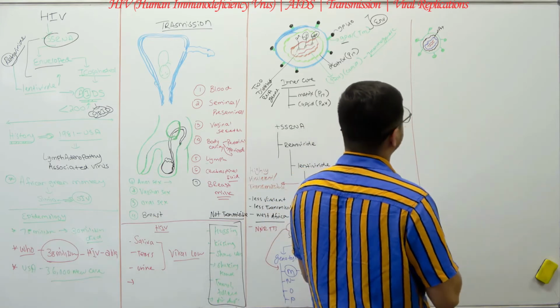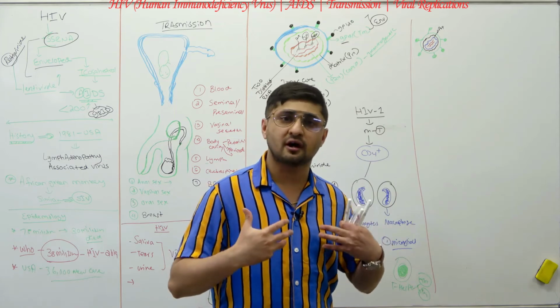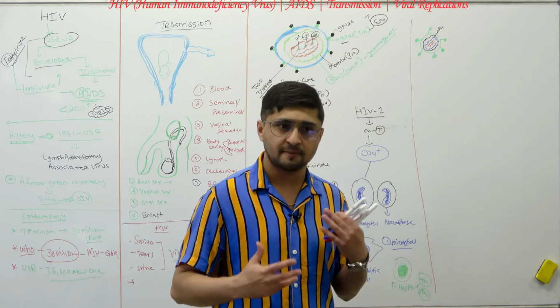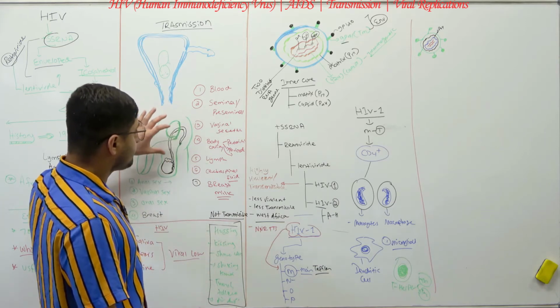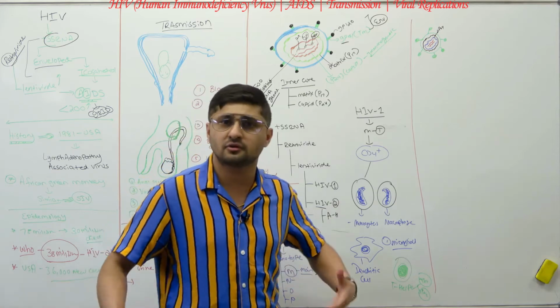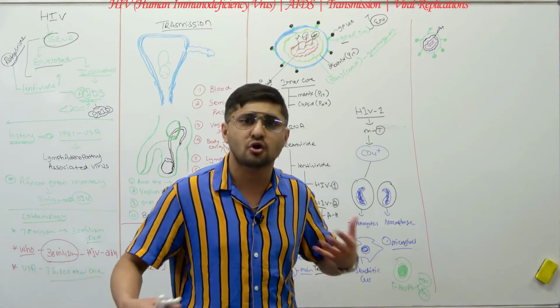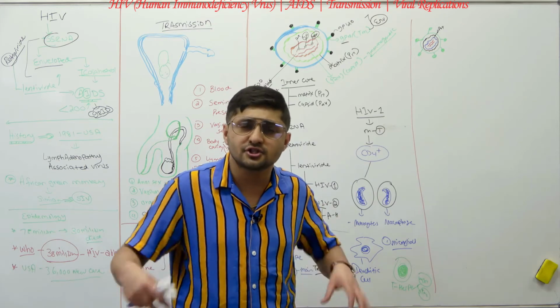Let's say we got infected by HIV, for example through anal sex. That means it's going to infect through the mucosa down there, and the mucosa associated lymphoid tissues are located there.